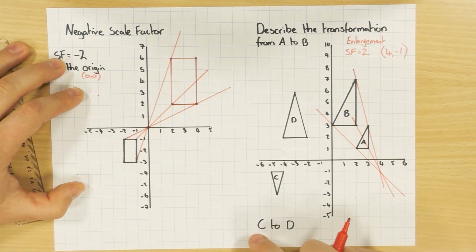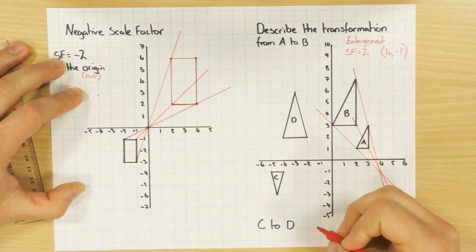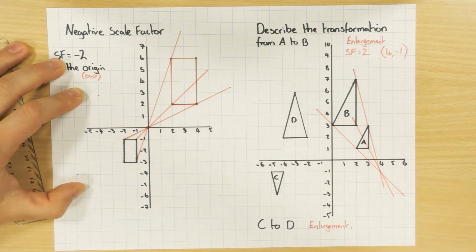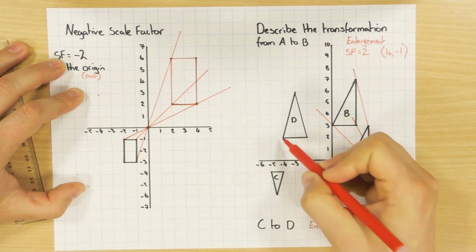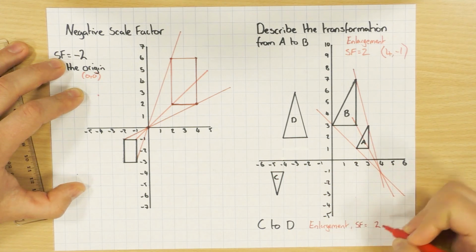Next one here, we're going to do C to D, so this one to this one. So again, I'm going to say enlargement for 1 mark. Scale factor, well, again, 1 to 2, if I'm just comparing the bases. So I'm going to say scale factor equals 2.